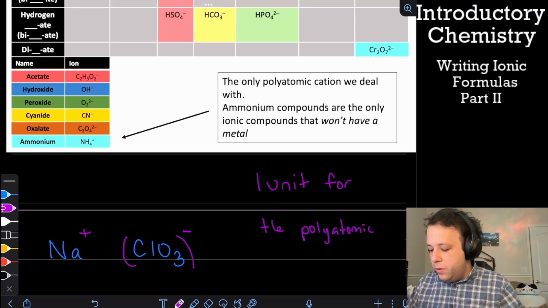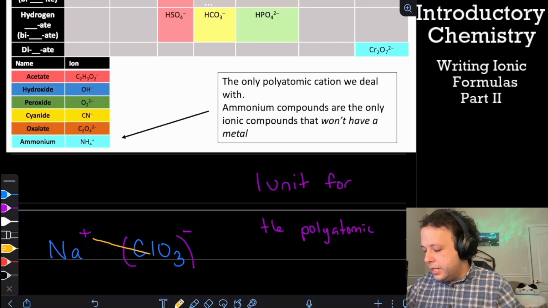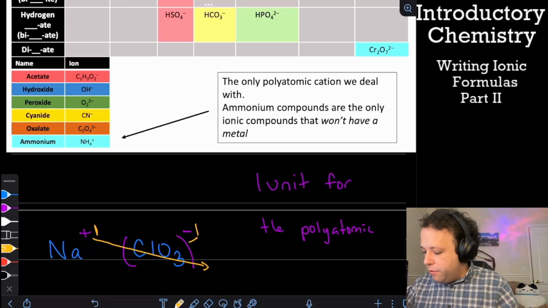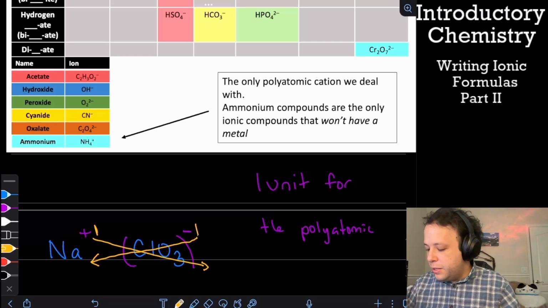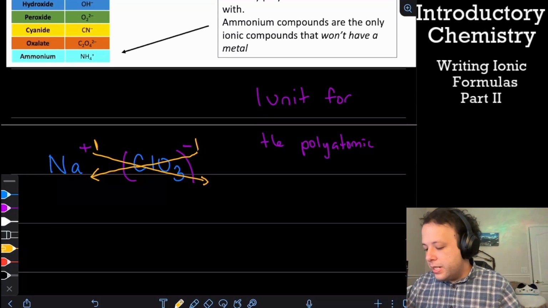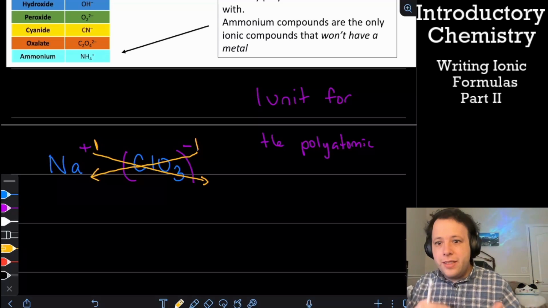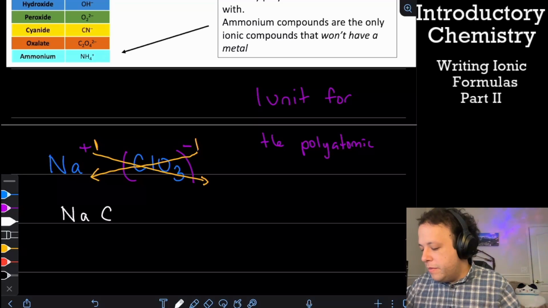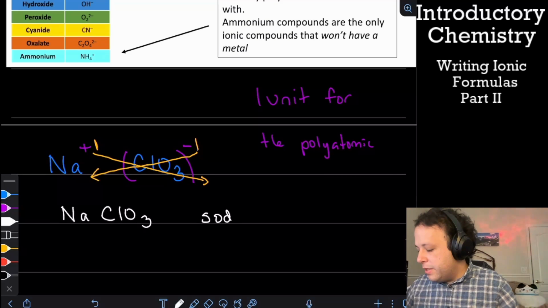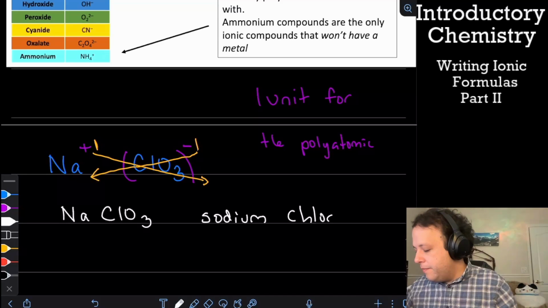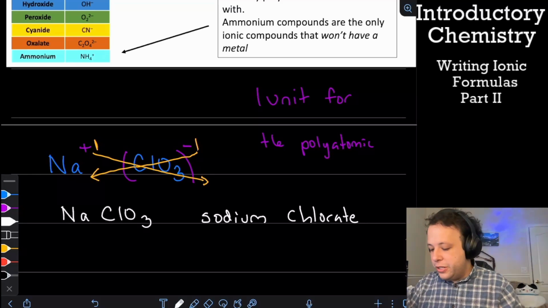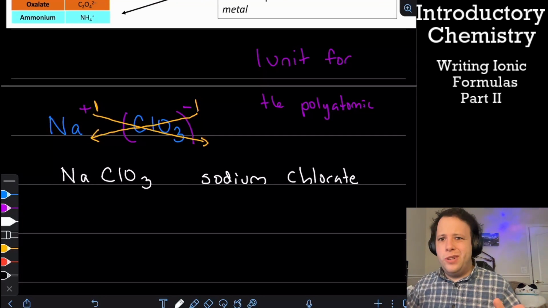So when we swap drop this, the 1 from the +1 is going to go outside the parentheses, and the -1 is going to go in the same spot as normal. So when we write this, being that they're both 1, that charge is going to get dropped. So it's going to be the same as always. Sodium chlorate would be the name for this molecule. Like I said, we'll go over naming in the future, but we're just dropping those charges.